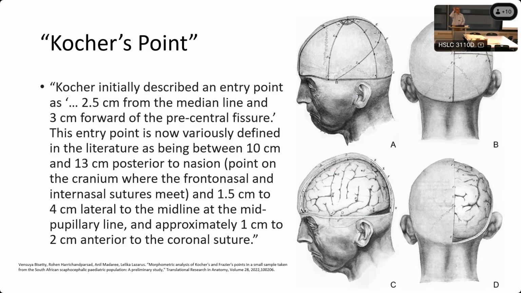Does anyone happen to know how Kocher defined Kocher's point? Says put a centimeter anterior to the coronal suture in the ventricular area. Anyone else have any guesses on how Kocher defined his points?